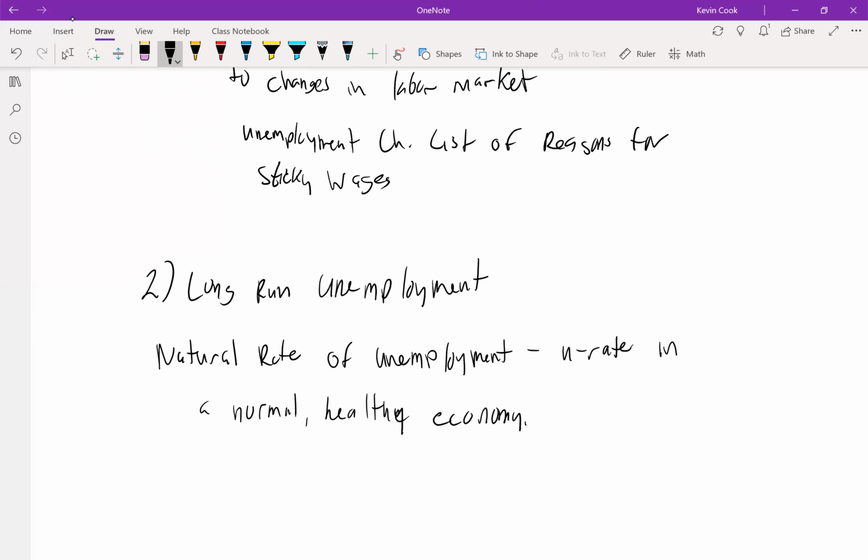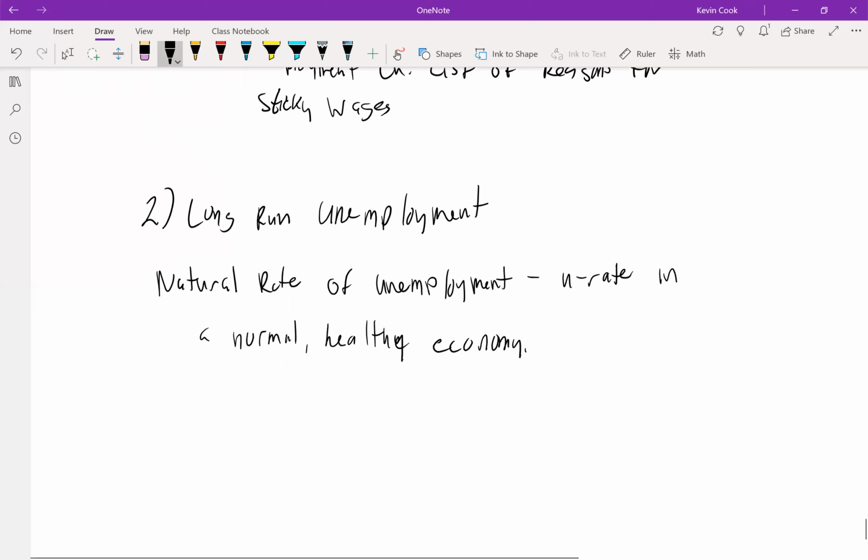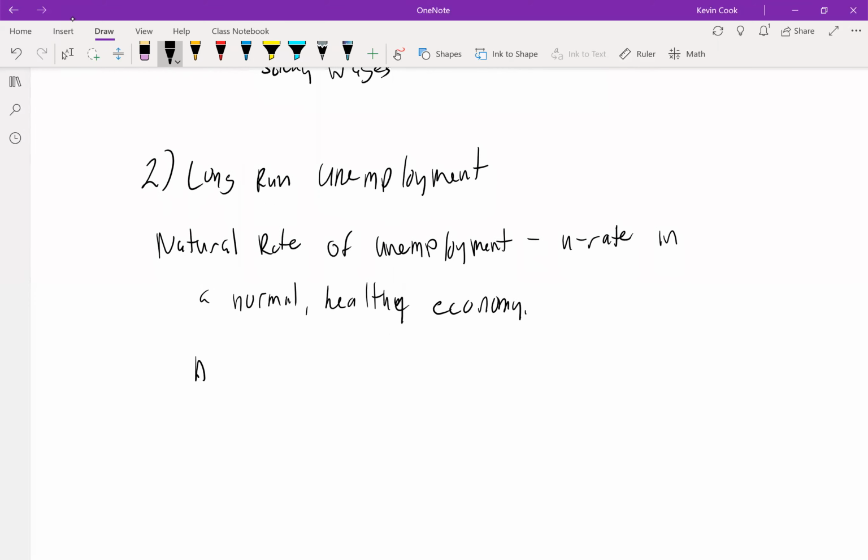So when we think about our long run unemployment, we broke this down into two categories. The first being called frictional, and frictional unemployment basically says this is when we are unemployed between jobs.